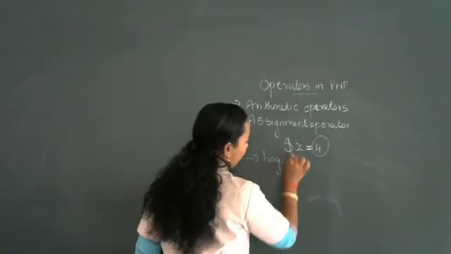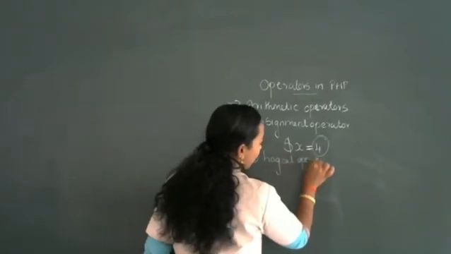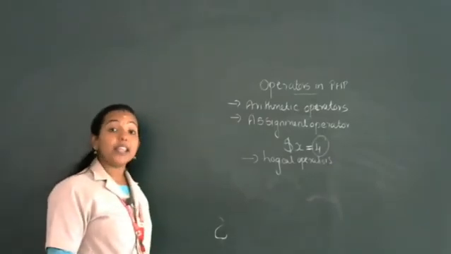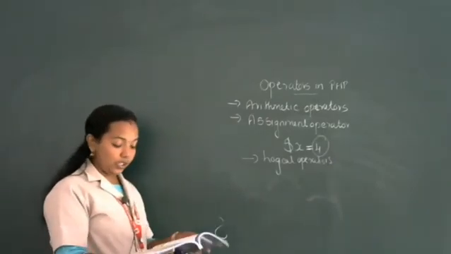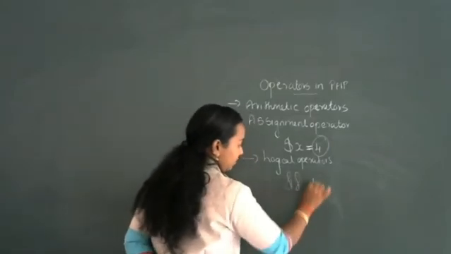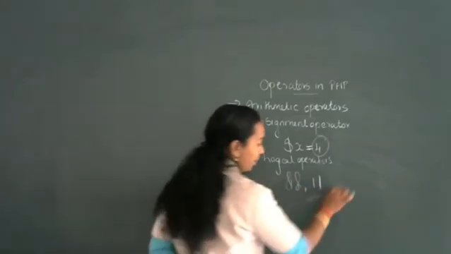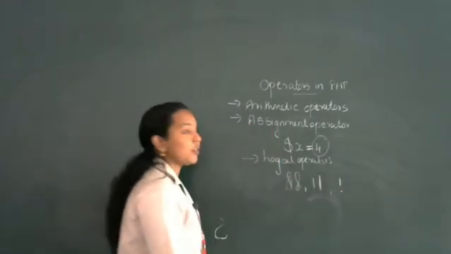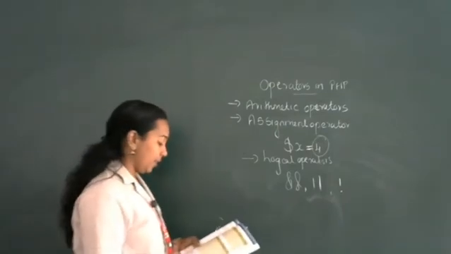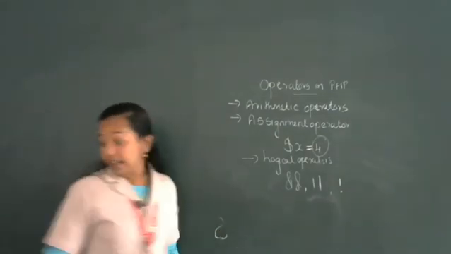Then logical operators. Logical operators like logical AND, then logical OR, double ampersand, or NOT. These all belong to the logical operator category.